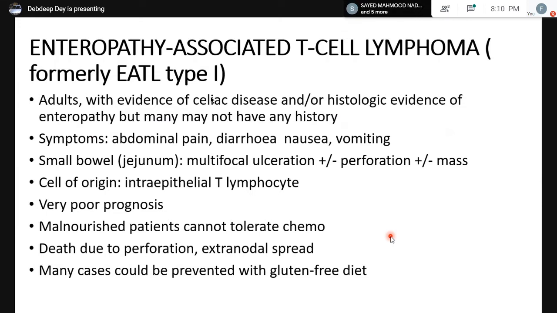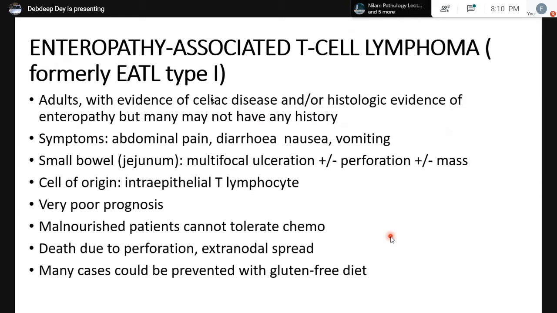Now, the general history that you will be provided is that the patient presented to the emergency with abdominal pain and the patient is perforated. So the surgeon has gone in and taken out the segment of intestine. So there's no preoperative diagnosis made. So you have to look at your perforated intestines, gangrenous intestines, especially from the area surrounding the perforation, to see if there is any evidence of this lymphoma.